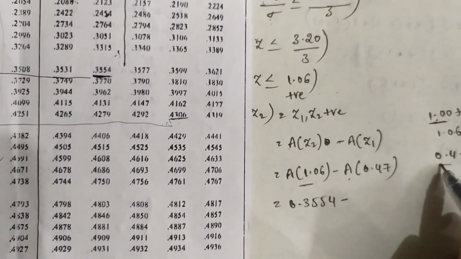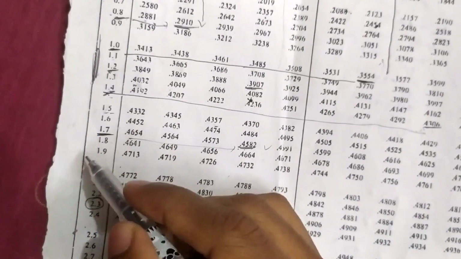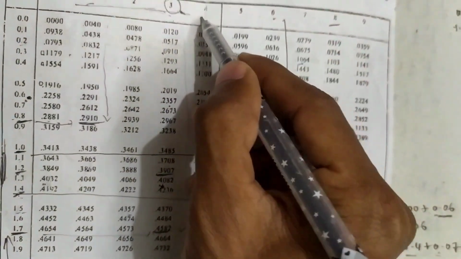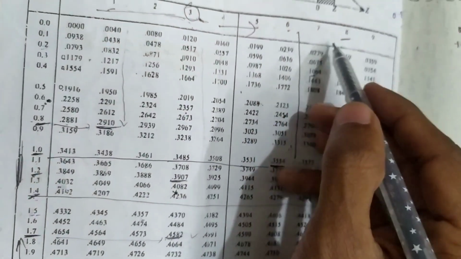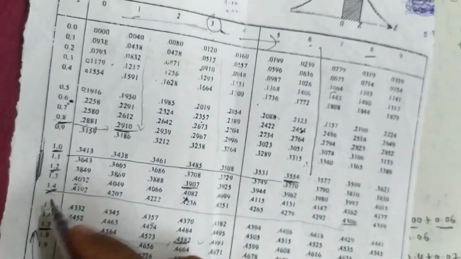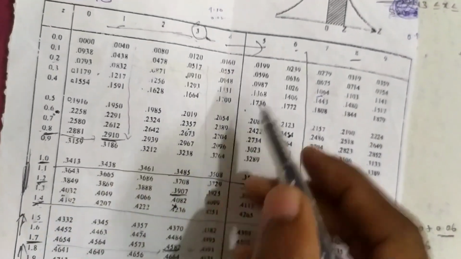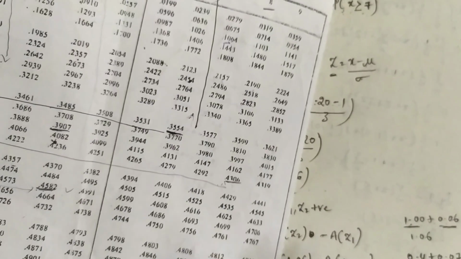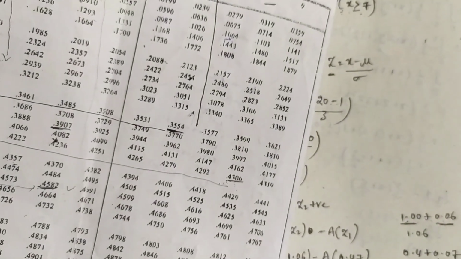So the 0.47 value we see in the row-wise column, and the 0.07 value we see in the column-wise column. That is, it will be here row-wise and here column-wise. Let us check the value of argument of 0.47.